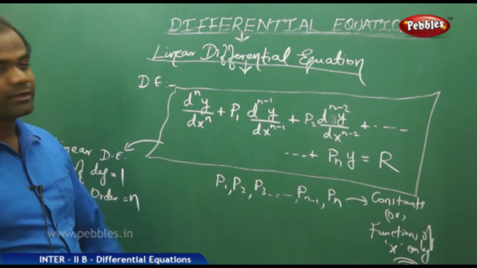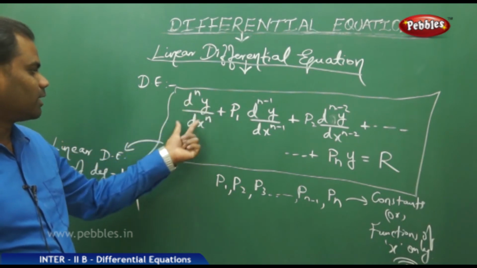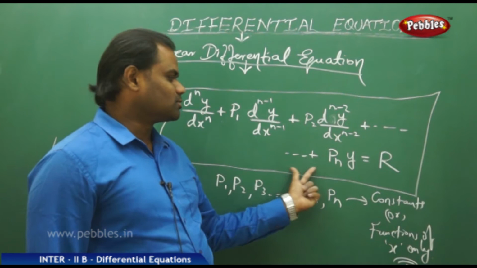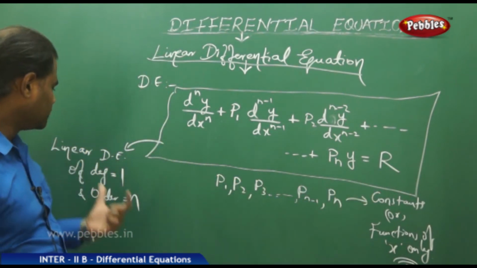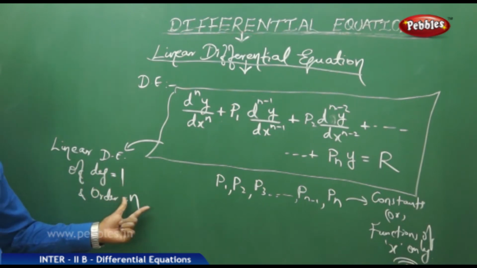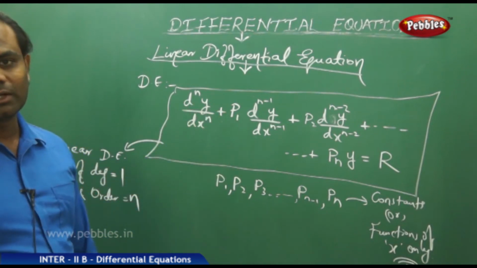Therefore, a linear differential equation is a differential equation of the form d^n y by dx^n plus p1 of this, p2 of this, and so on and so forth till pn of y equals r, which is called a linear differential equation of degree 1 and order n, because the dependent variable is always raised to power 1.